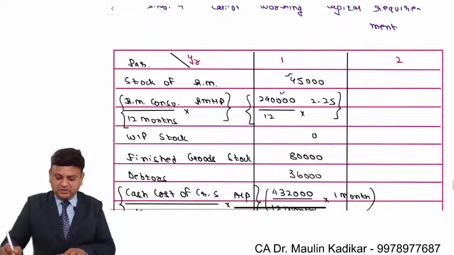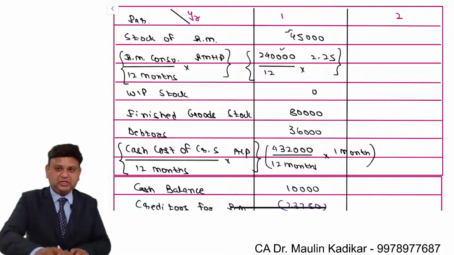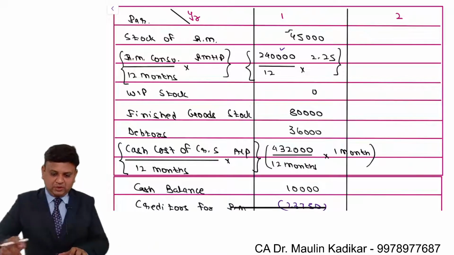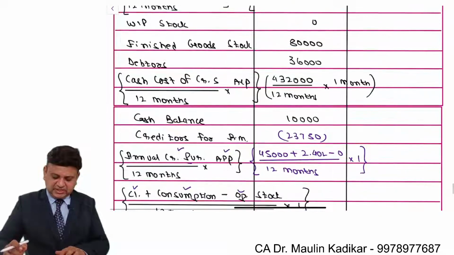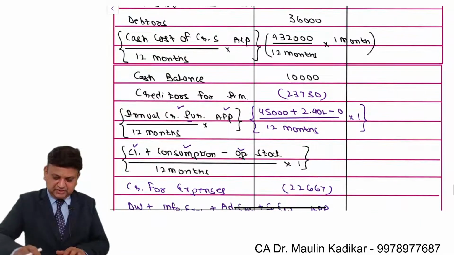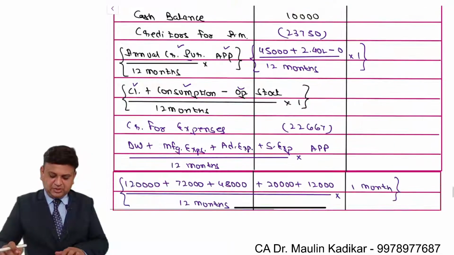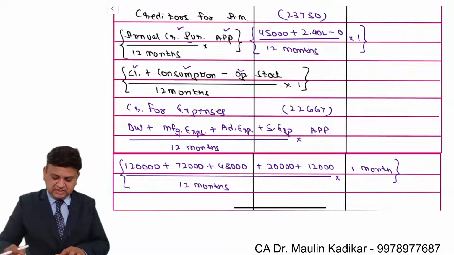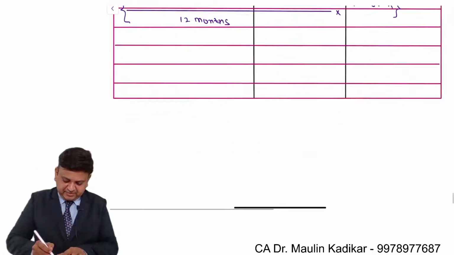Now friends, we have sufficient details to compute the working capital. So I request all of you to use a calculator. 45,000 raw material, 80,000 finished goods, 36,000 for debtors, 10,000 cash balance, minus 23,750 creditors for raw material, minus 22,667 creditors for expenses, and based on that we can compute the working capital.